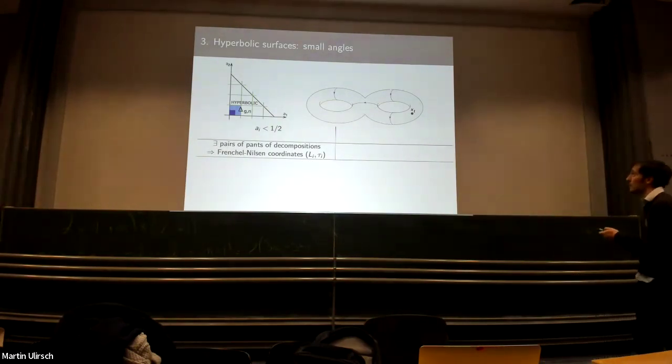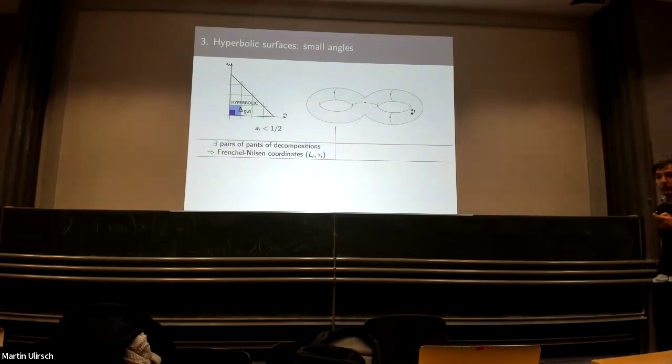I'm drawing only a topological picture, and now you fix a hyperbolic surface with point singularities, then there will be a unique representative of this topological loop, this topological simple curve, as a geodesic. So this is the definition of the coordinates: take the unique representative in the homotopy class of this loop that is geodesic.